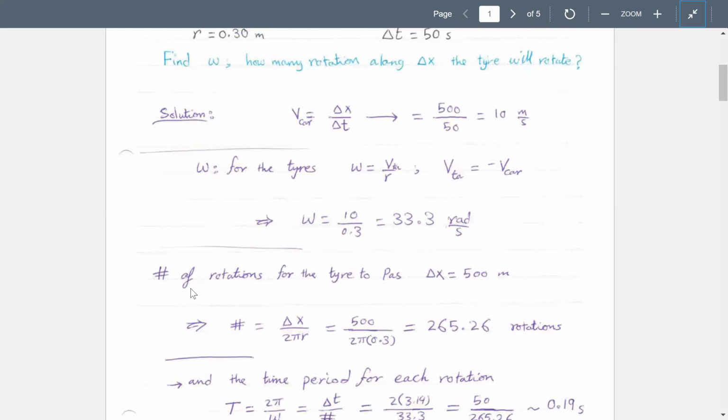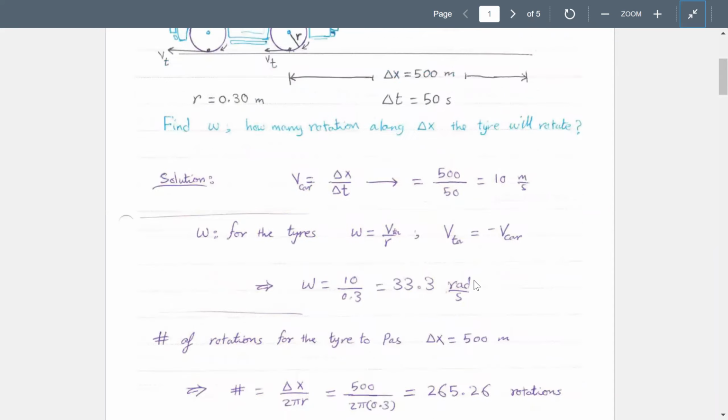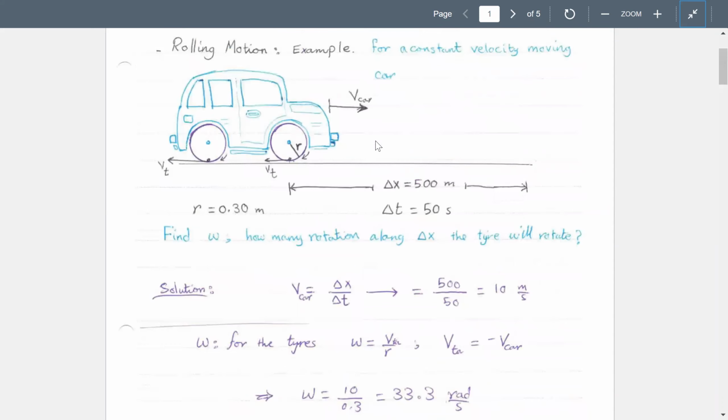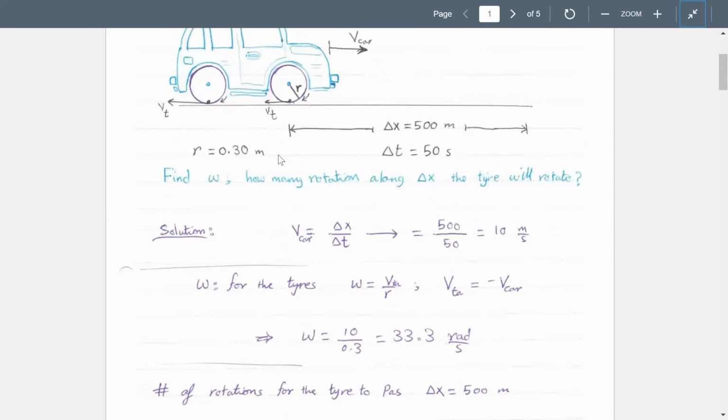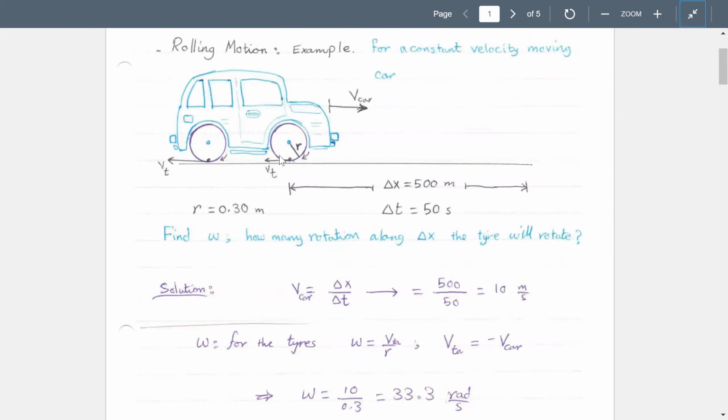Now, if I need to find the number of rotations for the tire to pass 500 meters, how many rotations will this tire make to complete this distance? It is not drawn here, but this distance of the tire will repeat itself many times. We need to know the number of these times. What is this distance?